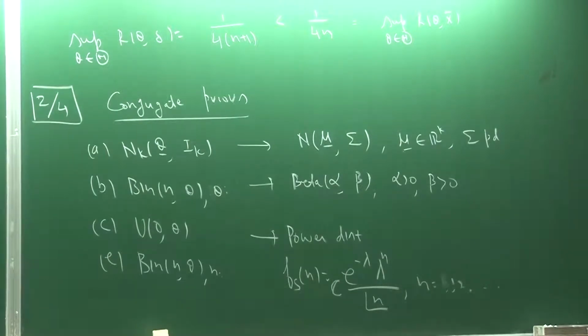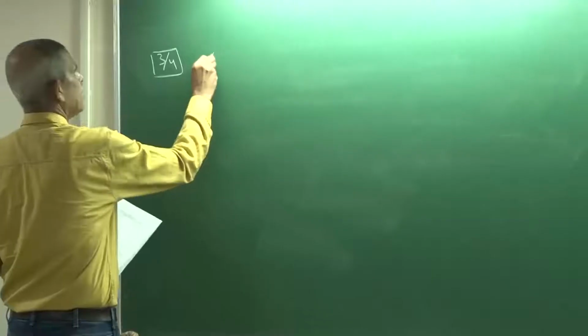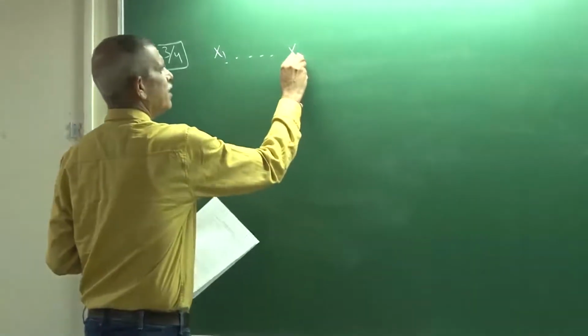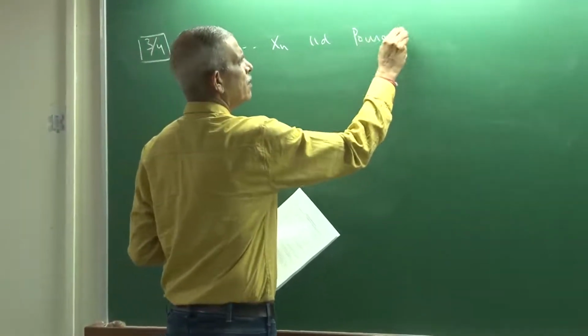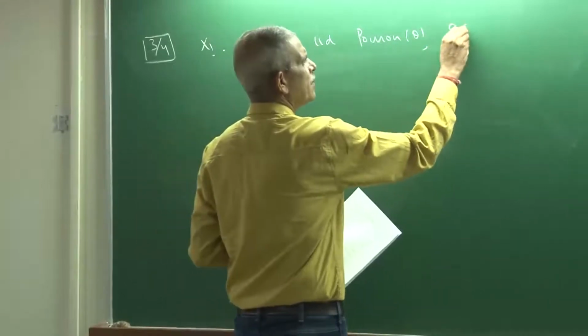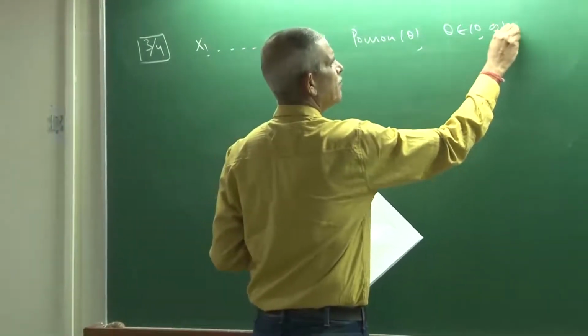Now let me do problems one by one. Now the third problem says x1, x2, ..., xn are IID Poisson theta. Theta belongs to 0 to infinity, is unknown.